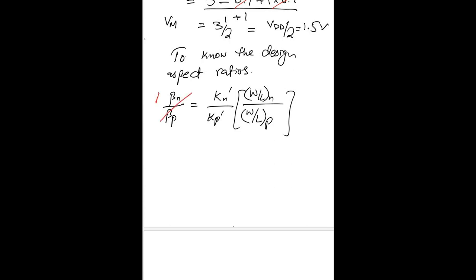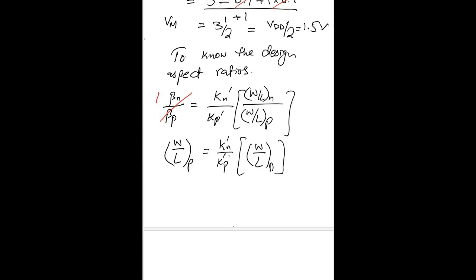If this is equal to 1 and we solve this part of our equation for ratios, W by L of P should be equal to K bar of N divided by K bar of P, times W by L of N.